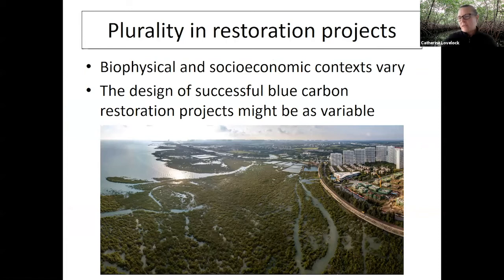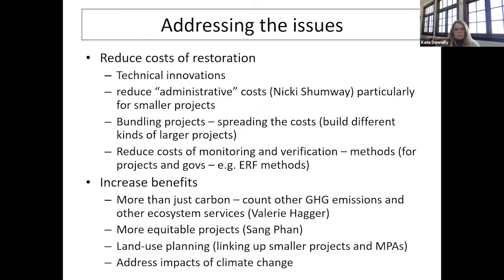I think that matches the variation in biophysical and socioeconomic contexts throughout the biome, right? So not everything is the same. Maybe the design of blue carbon restoration projects should be as variable. This is a lot of text here, but I just wanted to give you a brief look at addressing some of these issues.